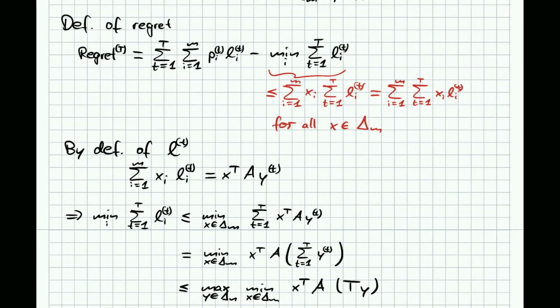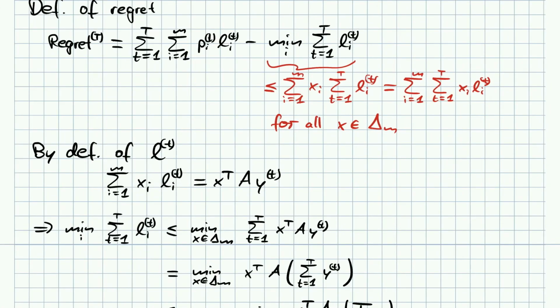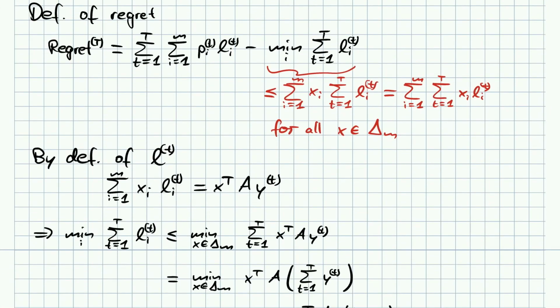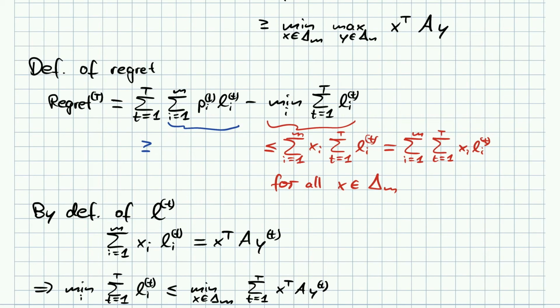Namely, this part here is at least the max, the min over all x, the max over all y, x transpose times A times y.